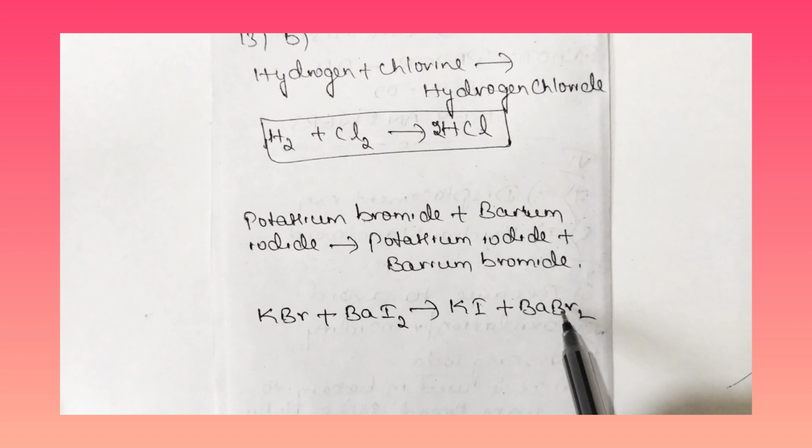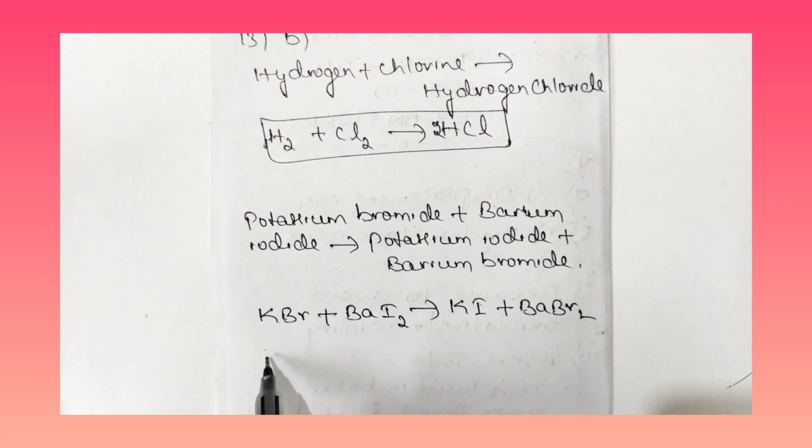Here bromide 2 is there, but here bromide only 1 is there. To make it 2 here also, you put 2 here, 2 KBr. So when I put 2 for Br, then for K also it will become 2.